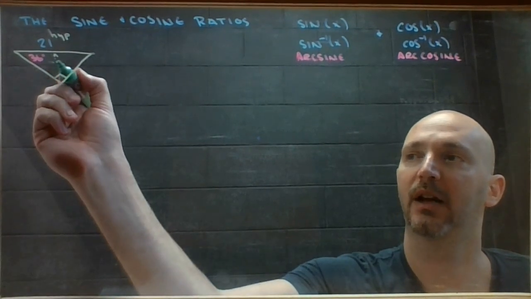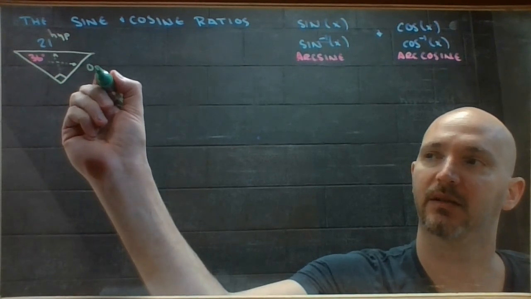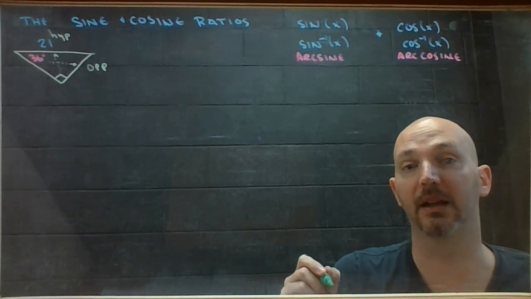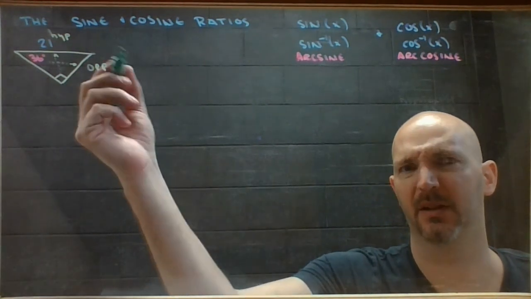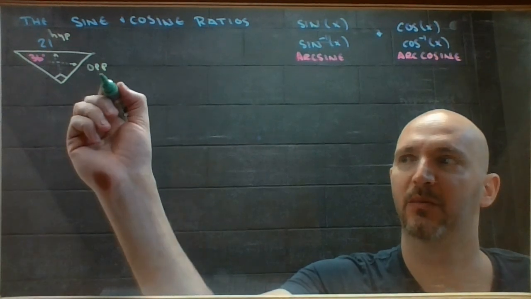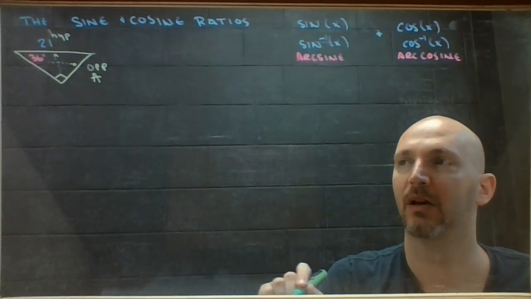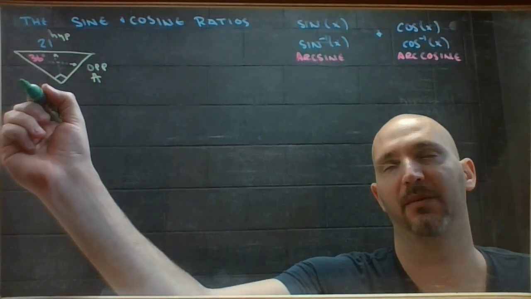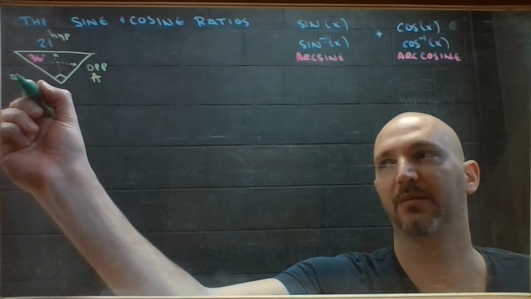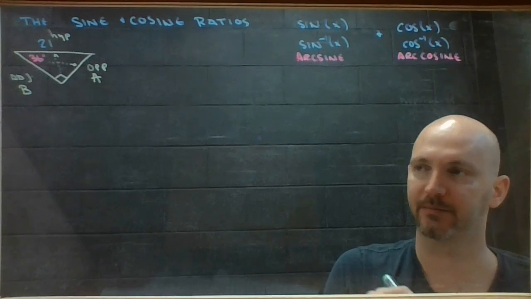I'm going to look across from the 36-degree angle, and I'm going to find my opposite side, which is unlabeled. So I'm going to put a letter in there, an A. Why not? If that's the hypotenuse and that's the opposite, then this must be the adjacent side, and I'm going to put a B there.